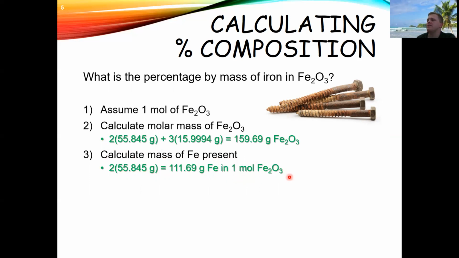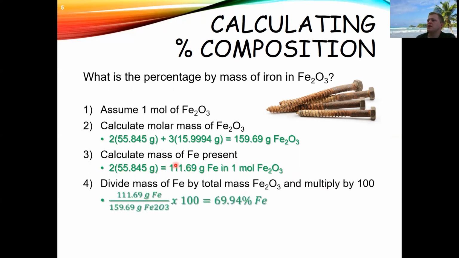The last thing we have to do is divide this 111.69 by 159.69, and then multiply by 100 to find that we have 69.94% iron. And that is iron's percent composition. Now, since there's only iron and oxygen in this, you can find oxygen's percent composition by taking 100% and subtracting 69.94. So it has a percent composition of about 30.06%.